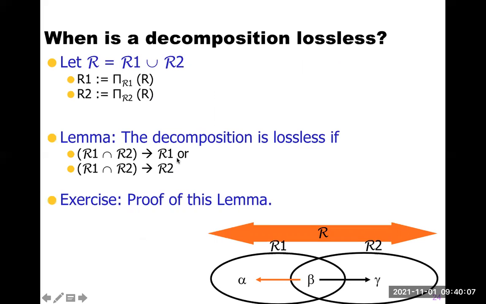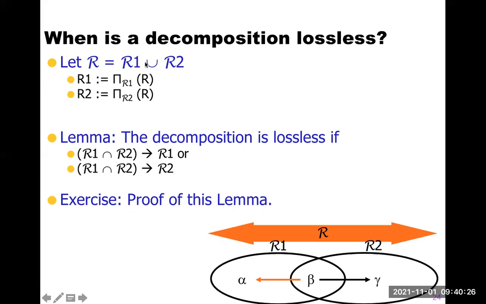That's the two ideas of how to decompose well. The property of losslessness may be checked by checking that the common attributes in both new tables after decomposition are keys for the corresponding tables.